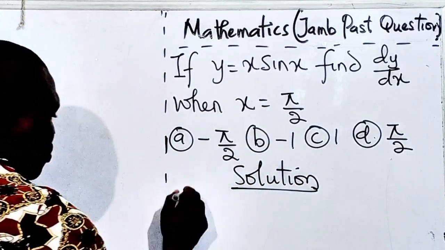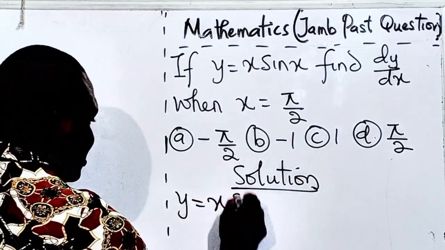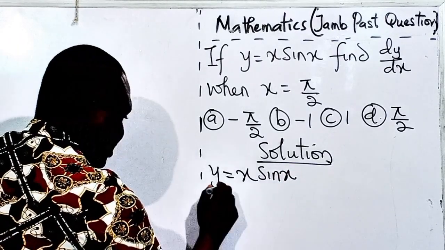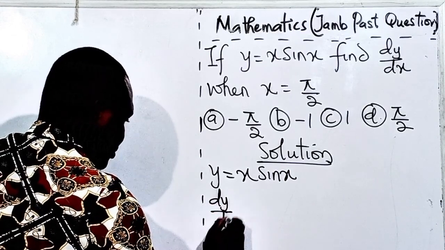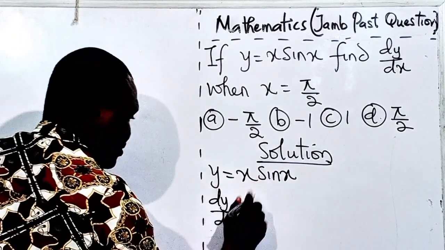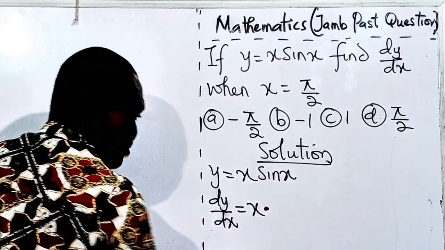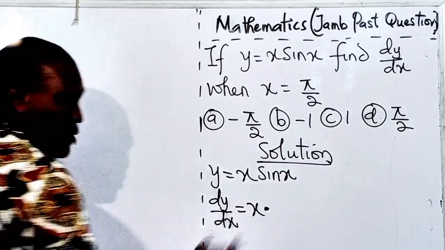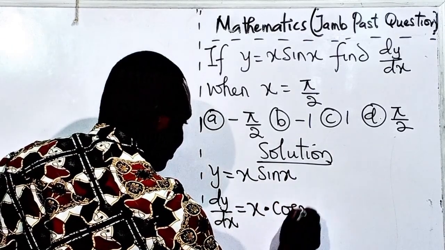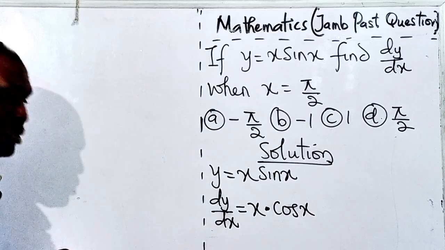So we are having y equals x sine x. Is that clear? So our dy dx is equal to, now as usual, we will leave x, times, we'll differentiate sine x. If you differentiate sine x, you get cos x. Are you following?